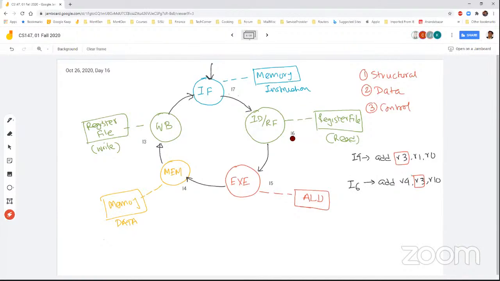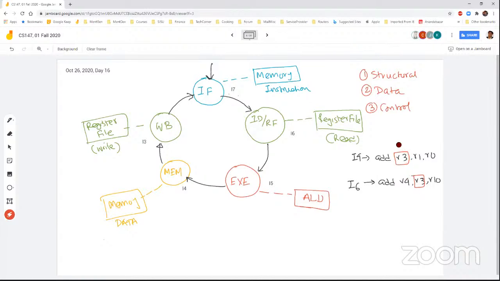That means when I6 is accessing the register file, it expects that R3 is updated with the I4 result. But look at instruction 4, it's still in the memory stage, it didn't commit back to the register file yet. So at this point, instruction 6 is accessing a wrong register value.